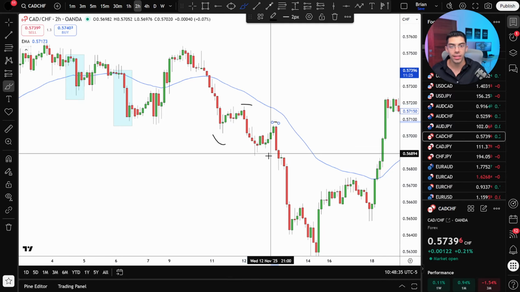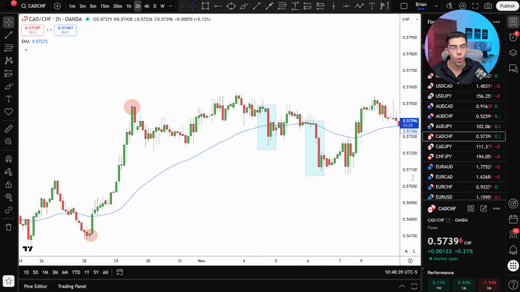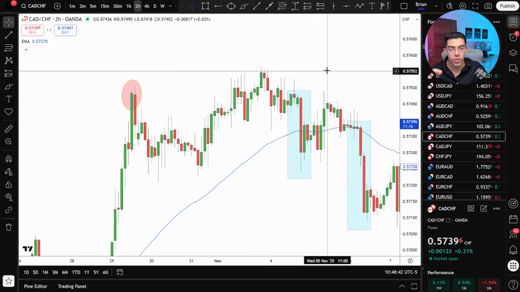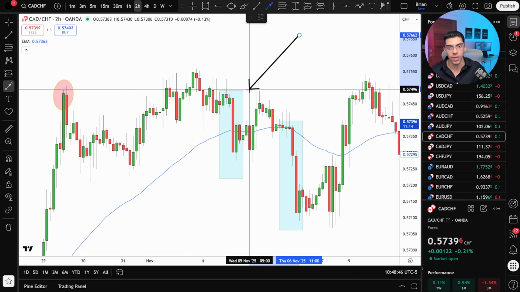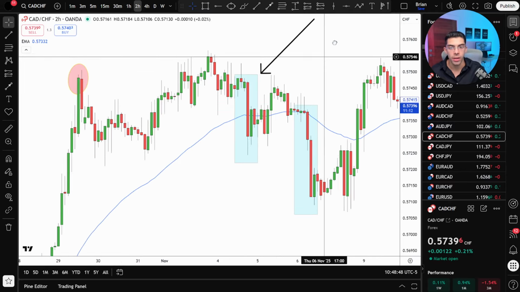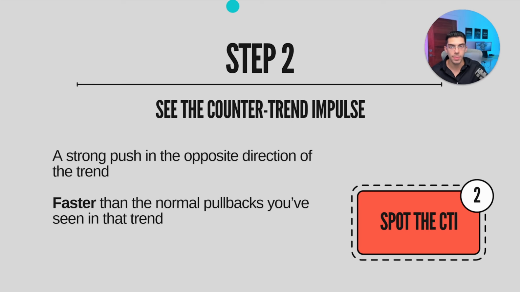So that's how quickly a bullish trend can switch into a bearish trend. And the whole thing that showed you that it was going to do so was this CTI right here. This is very easy to spot because a bullish market is not supposed to make such a strong momentum to the downside. This is how you find step two consistently.